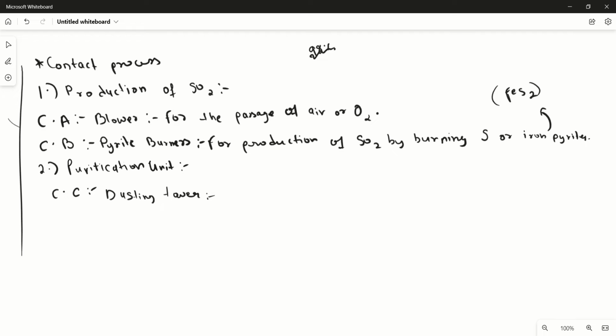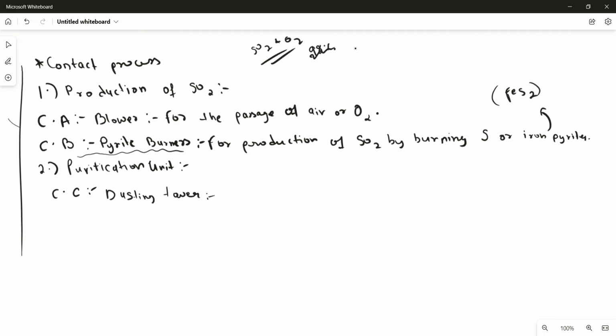Basically, we want to purify any gaseous mixture of sulfur dioxide and O2. They might have mixed because the blower passes the air or oxygen, and the pyrite burners create SO2. This process is also called roasting, by the way, but they might not ask you that. It's not that important.